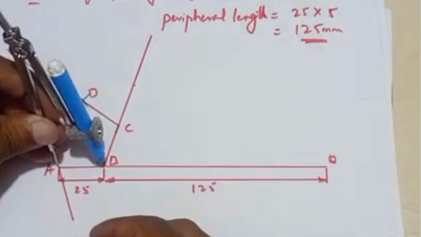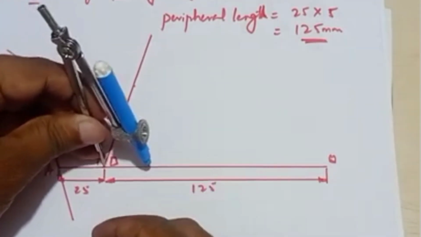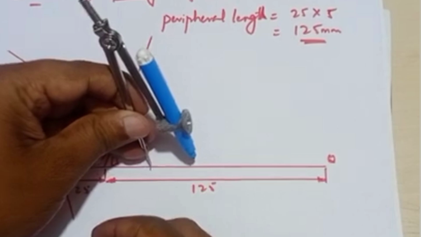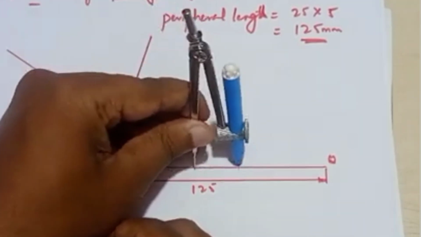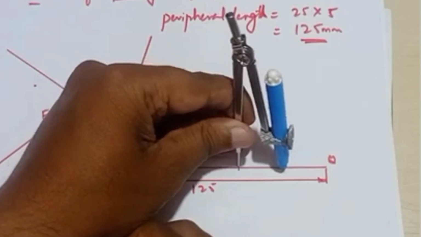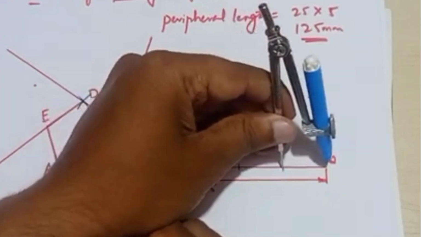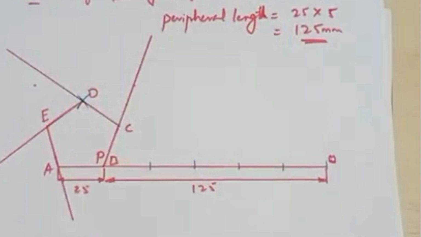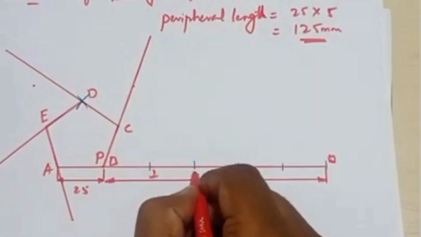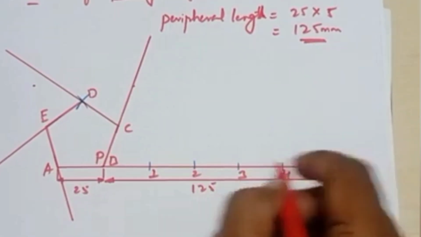I think it already has the same length. Now we have to cut the 5 arcs here. Now you can give these cut points as 1, 2, 3 and 4.